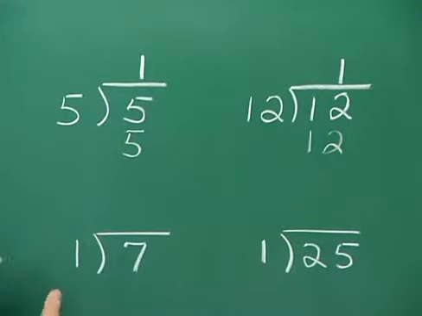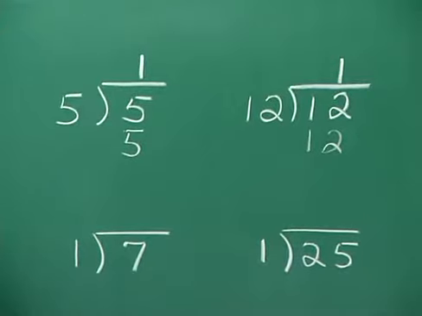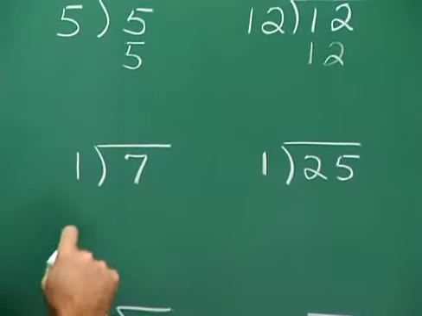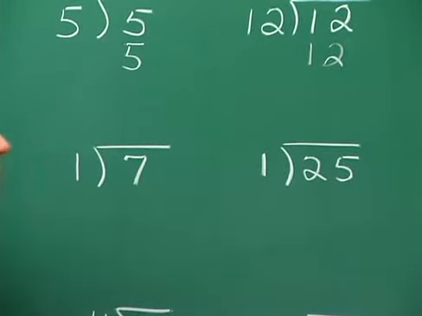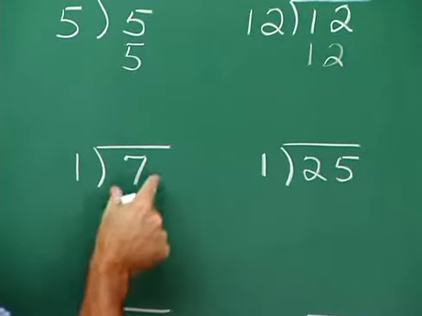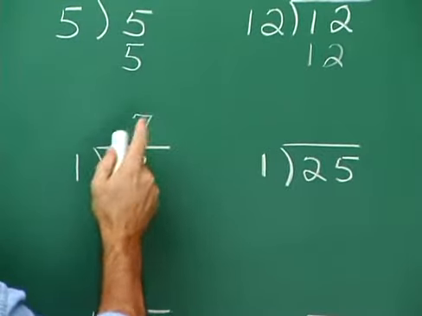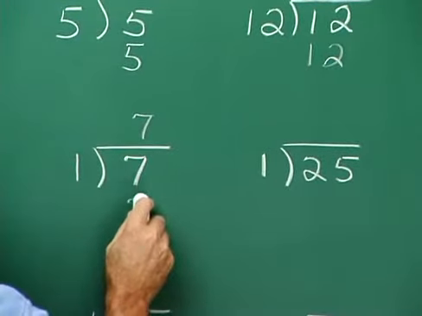1 as a divisor, 1 into 7, kind of means, if we're thinking about this equal parts idea, how many items would be in the parts if we were going to separate 7 into 1 part? Well, if 7 is divided into only 1 part, then all 7 of these items would have to be in that part. So it's 7, because 7 times 1 is 7.